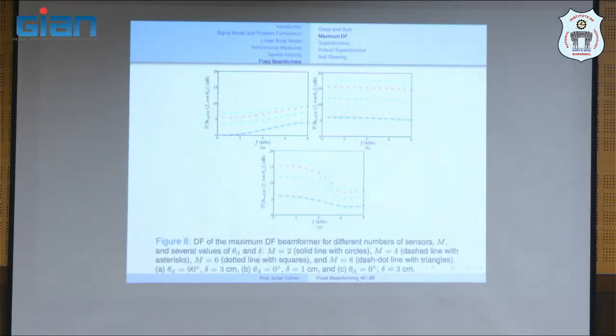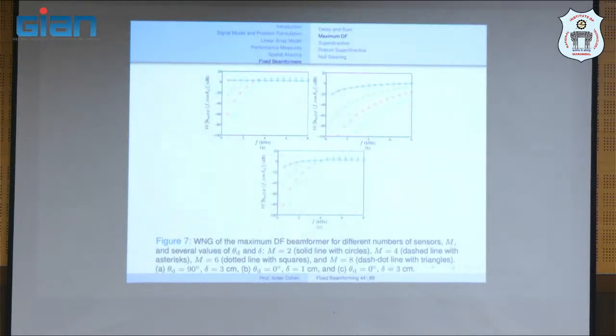But it's interesting to compare also the white noise gain. So the white noise gain obtained with this beamformer compared to the Delay-and-Sum, which one will result in higher white noise gain? Delay-and-Sum, because the Delay-and-Sum maximizes the white noise gain.